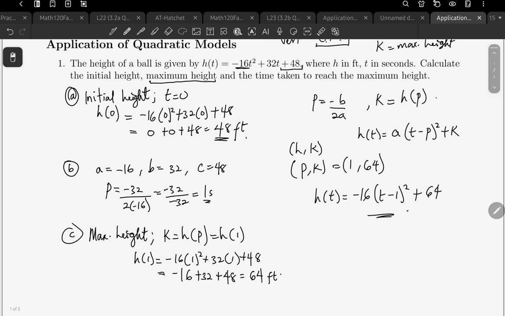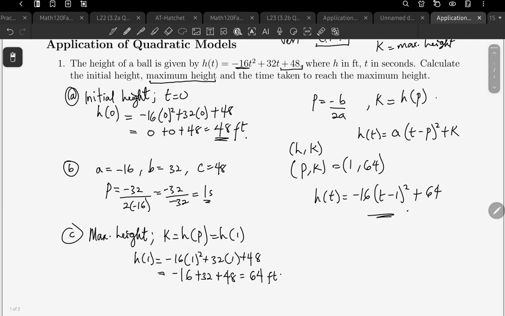So the key point to remember here is that to find anything that has to do with the initial height, evaluate the function at t equals 0, because that is the starting time. And if you are asked to find either the minimum or the maximum, it means you are looking for the vertex.